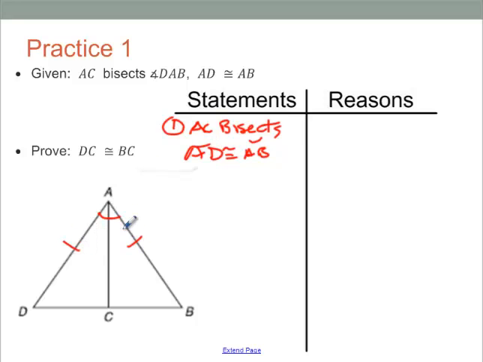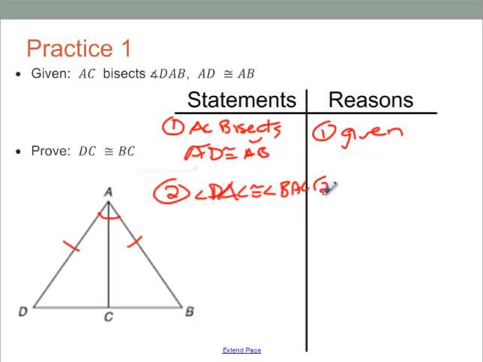And I'm going to mark that over here, and that's given. Now because AC is an angle bisector, I'm going to say that the 2 angles are congruent. Angle DAC is congruent to angle BAC. And the reason is definition of angle bisector.